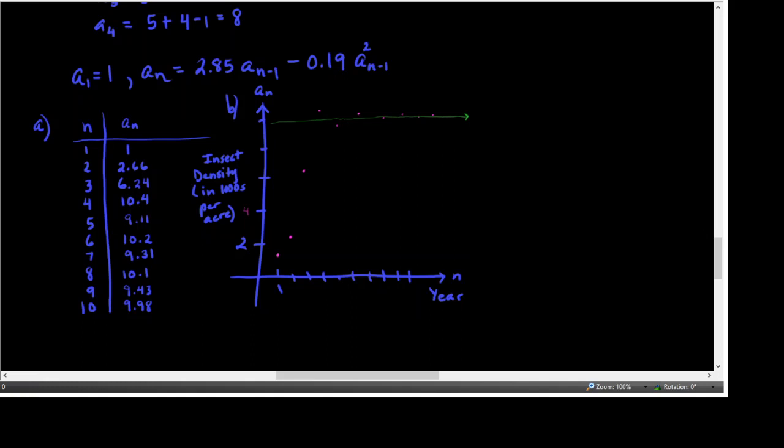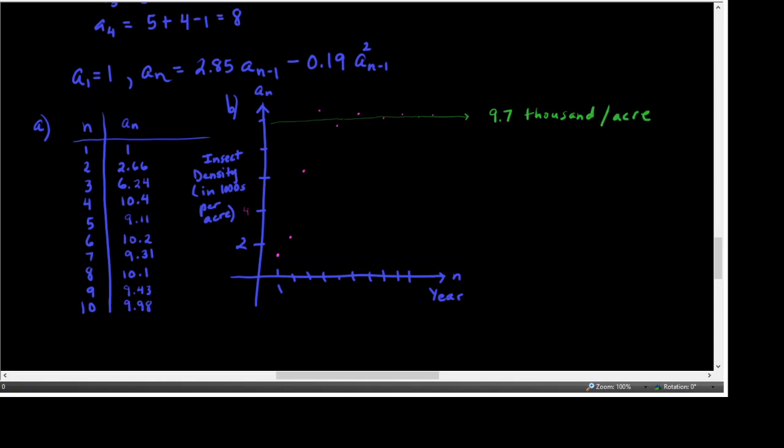And as it turns out, if we did this for a long time and gathered a whole lot more data, in other words, expand your table, you would find out that this stabilizes near about 9.7 thousand per acre is what the density heads towards.